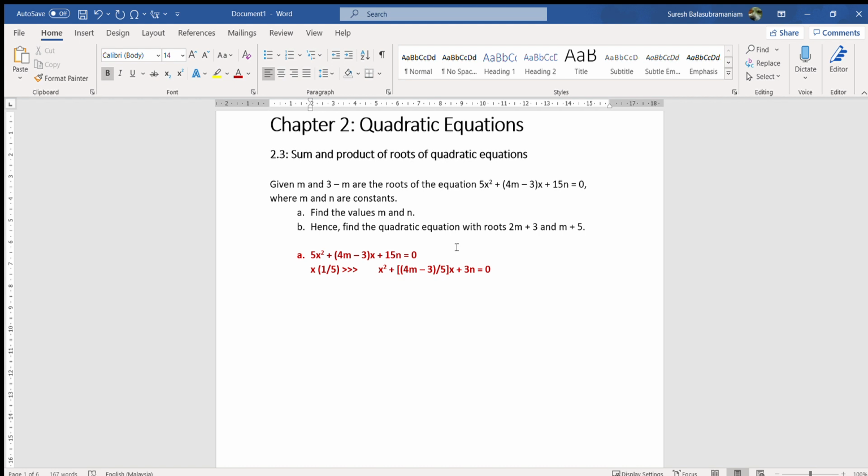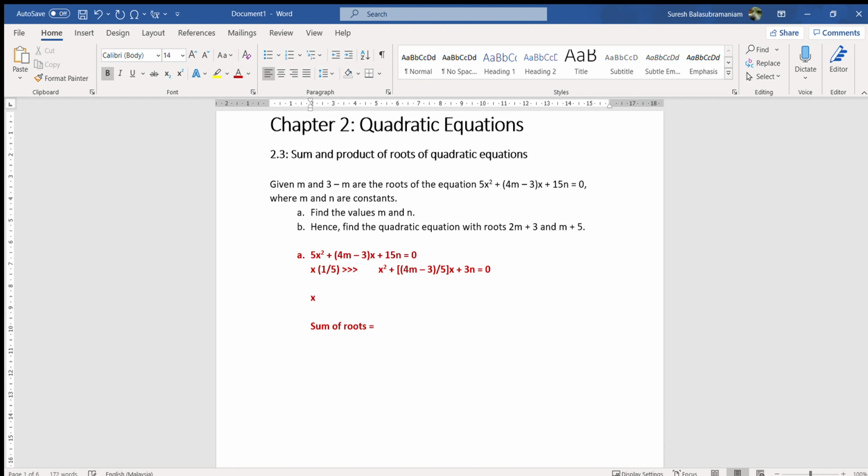Before that, let me make sure of the format for the sum of roots and the product of roots. I'll write down the formula.